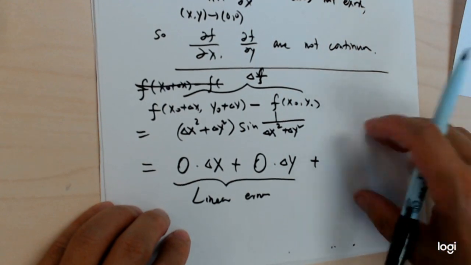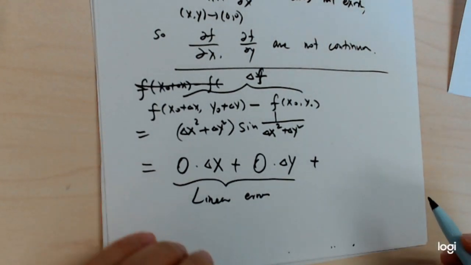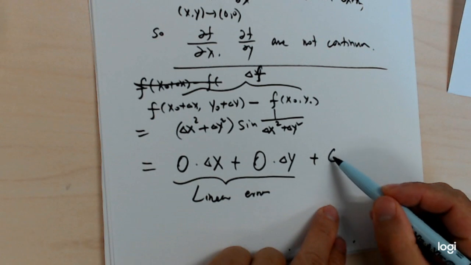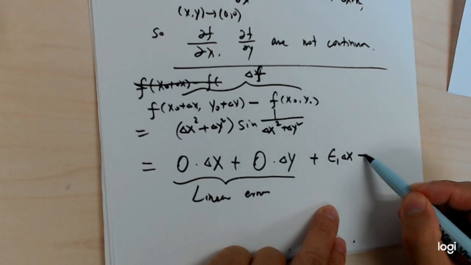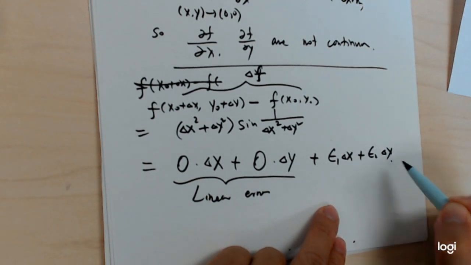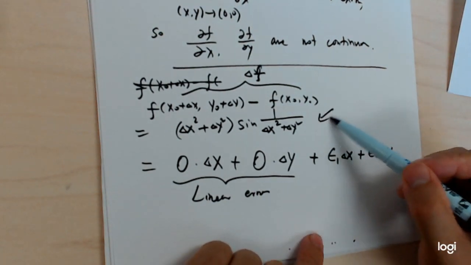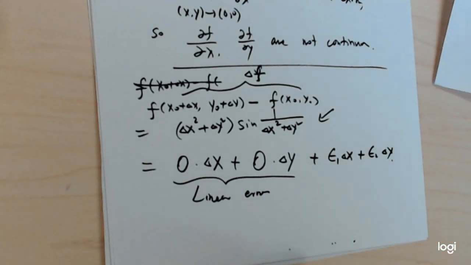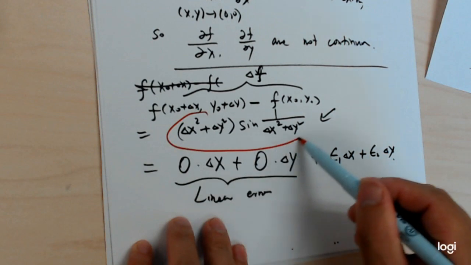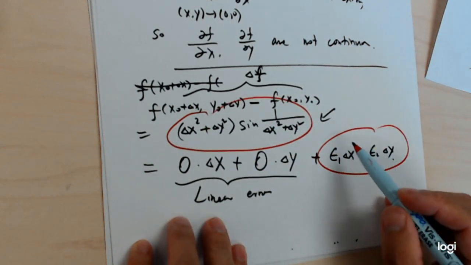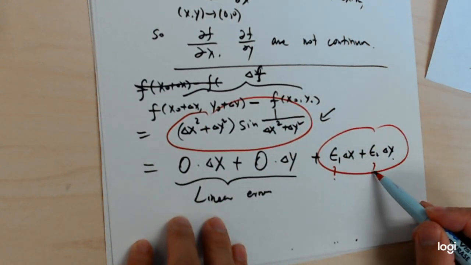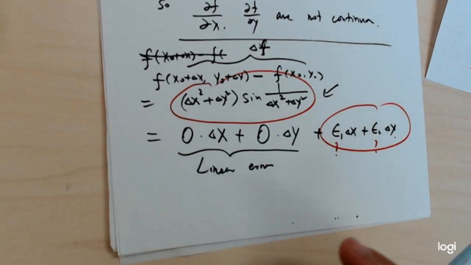We want to prove that part goes to 0, okay? Plus epsilon 1 delta x and epsilon 2 delta y. So I want to compare this guy with this part here and try to figure out what my epsilon 1, epsilon 2 are and show they both go to 0.